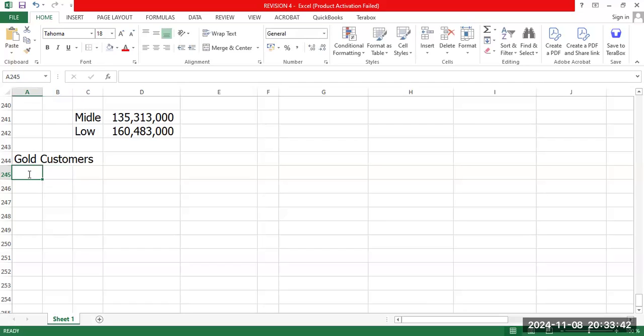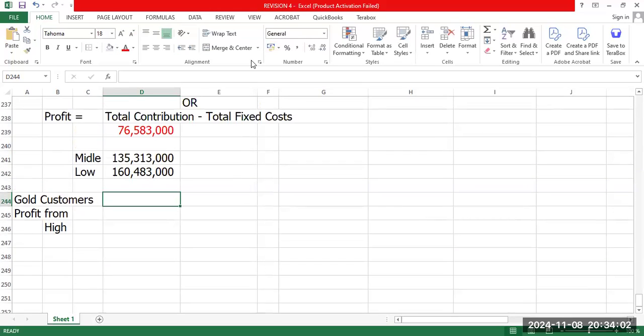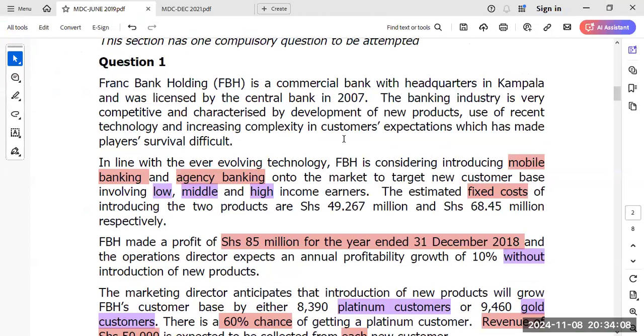Profit from high income earners. It will be, before I do that, what is our number of customers for gold? 9,460.